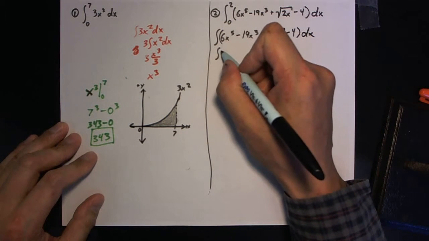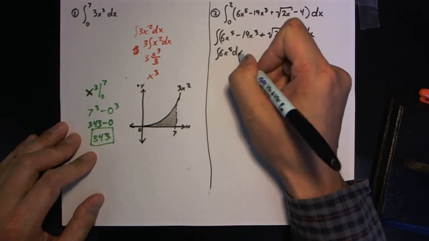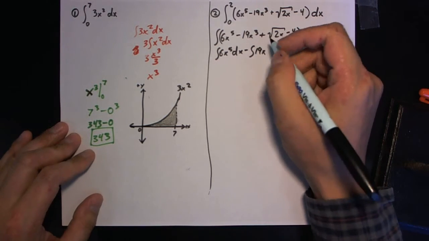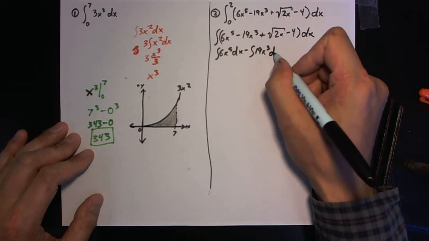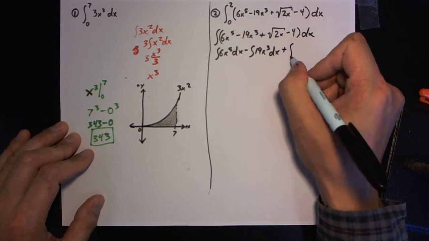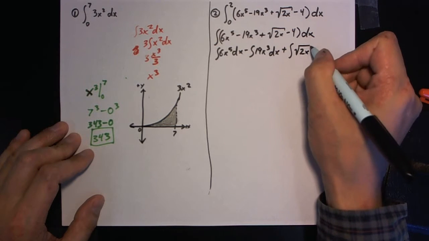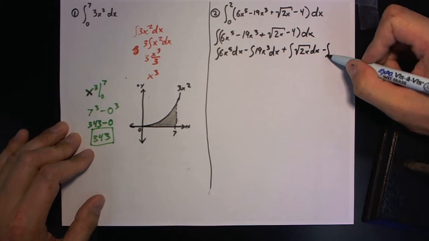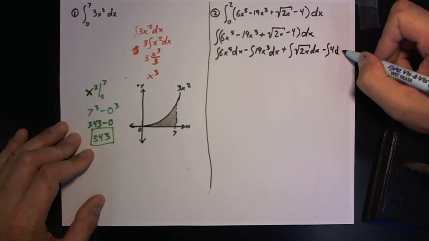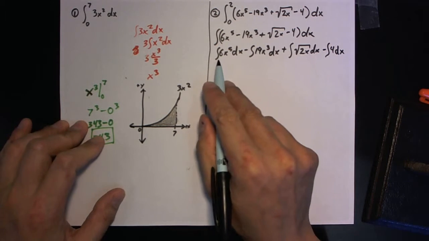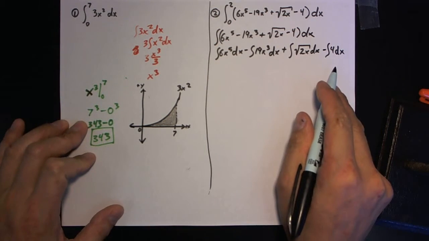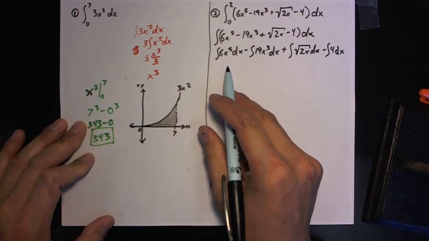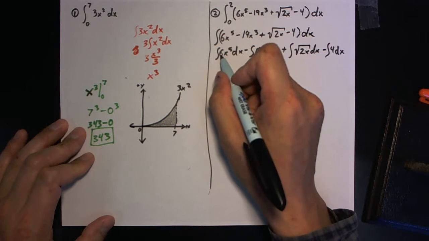So what we end up with is integral of 6x to the 5th dx minus integral of 19x cubed dx plus integral of the square root of 2x dx minus integral of 4 dx. Okay, take each of these and apply the power rule. This one will take a little bit of algebra to do first, but these others we can handle with the power rule right now.